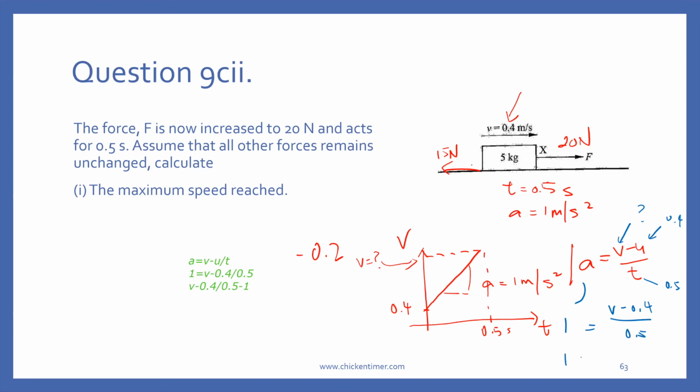So 1 times 0.5 equals v minus 0.4. So v equals 0.5 plus 0.4 equals 0.9 meters per second. This line is correct. I think something happened after that. Okay, 0.9.